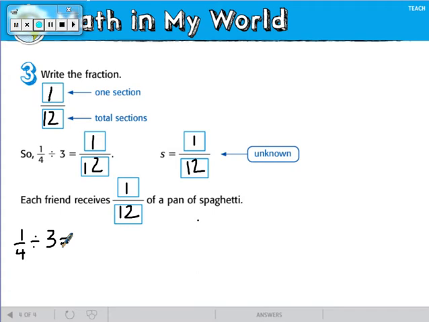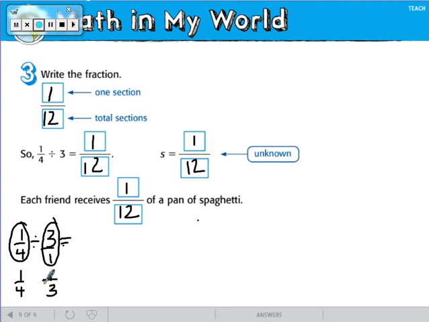Put it over 1. Okay? Our first fraction, what do we do with it? Keep it. What do we do with our second fraction? Flip it.